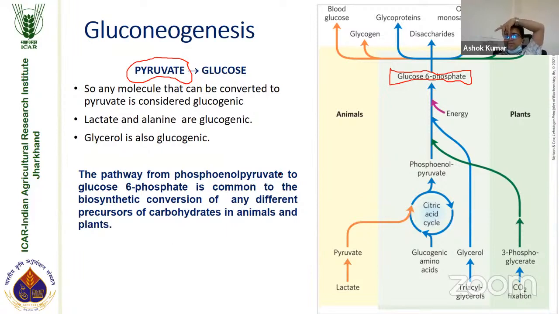The pathway from phosphoenolpyruvate to glucose 6 phosphate is common in the biosynthetic conversion of different precursors to carbohydrate. So this pathway is called the gluconeogenesis pathway.